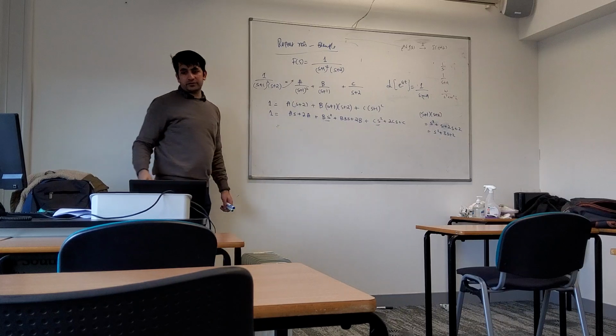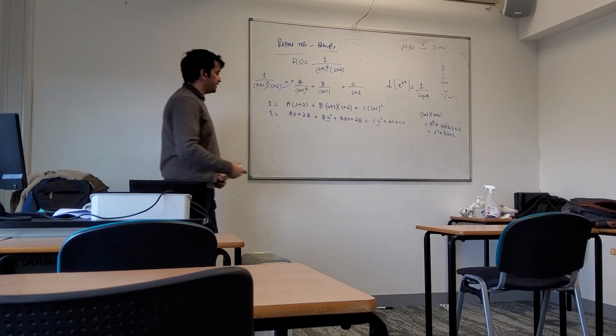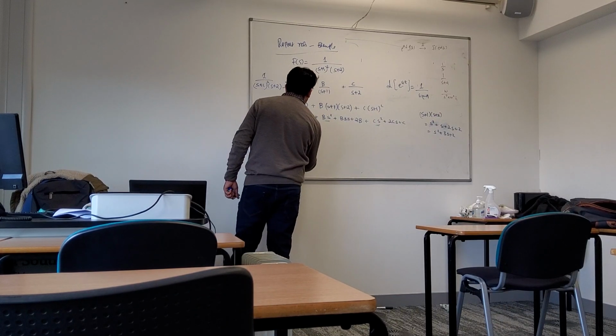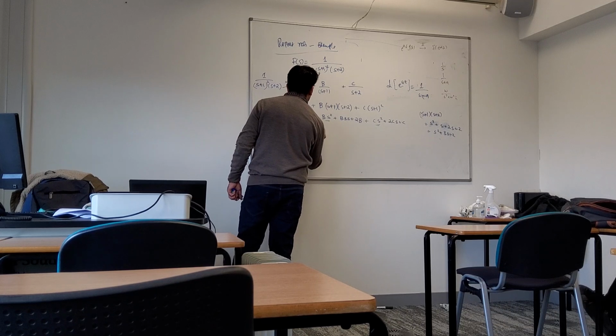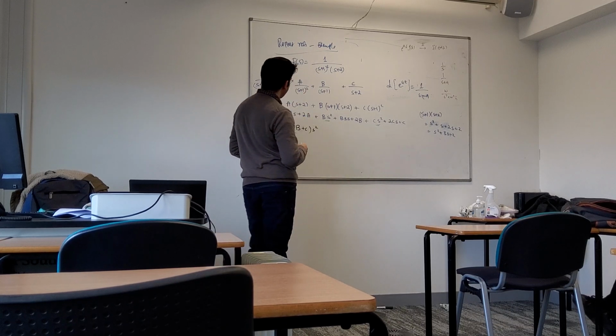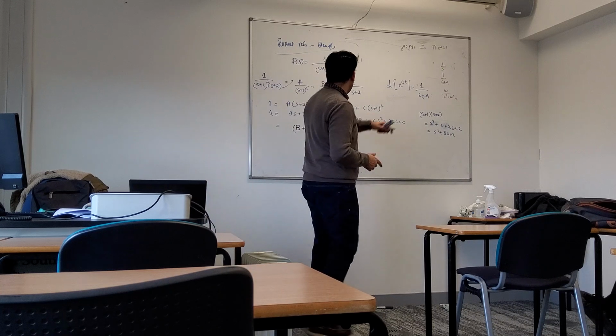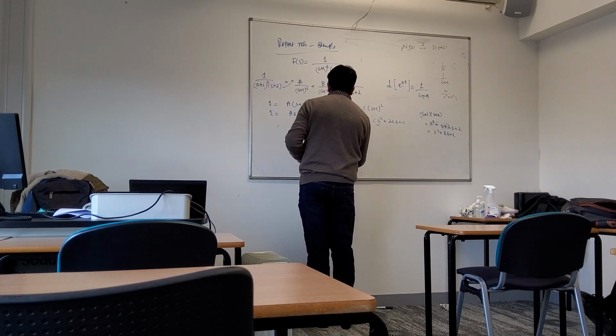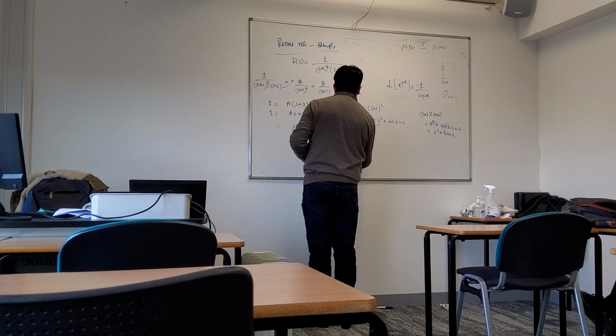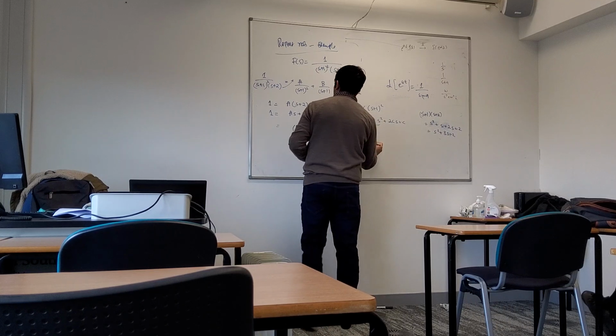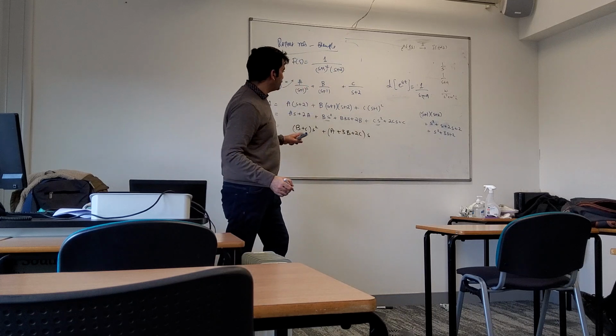Yes, first we will separate powers and then we will equate. b plus c for s square, then for s, it is a, 3b and 2c. A, 3b and 2c. And the last is the constant.